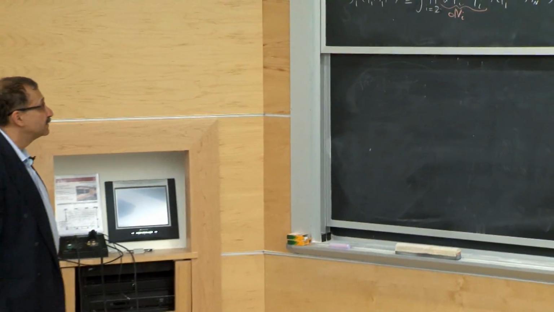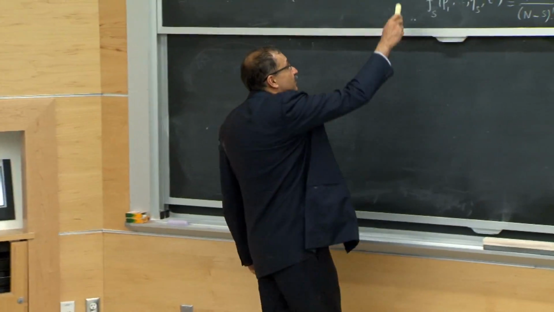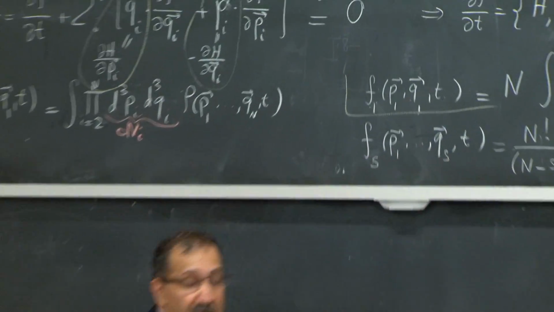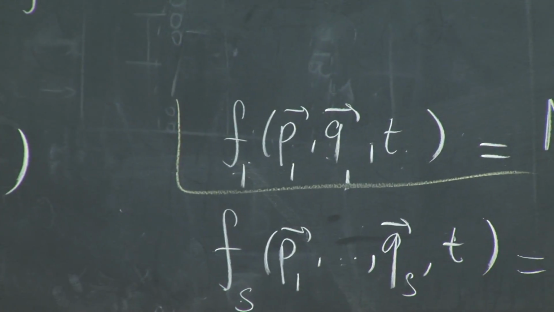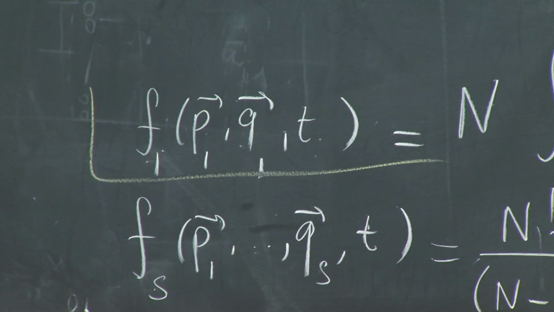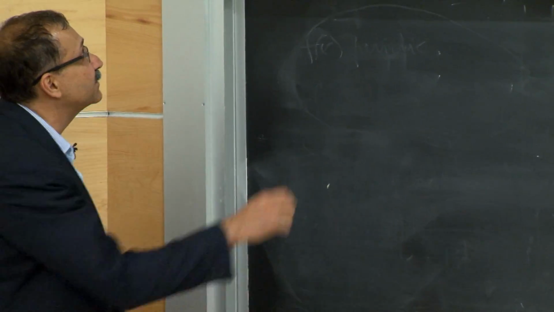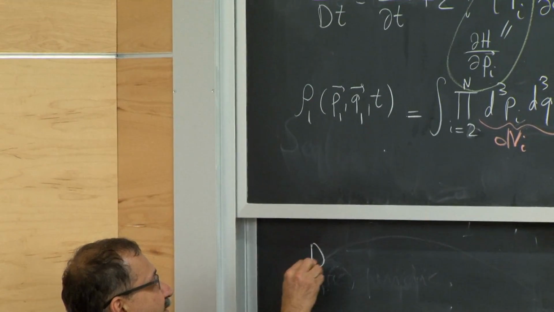Now, he said, okay, what I'm really interested in, in order to calculate properties of the gas as it expands, in terms of things that I'm able to measure, is F1. So let's write down the time evolution of F1. Well, actually, we said let's write down the time evolution of Fs along the way.